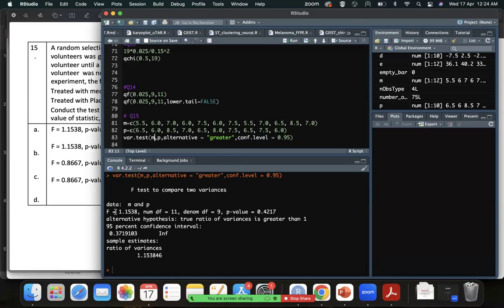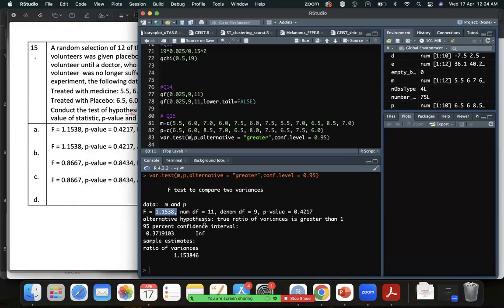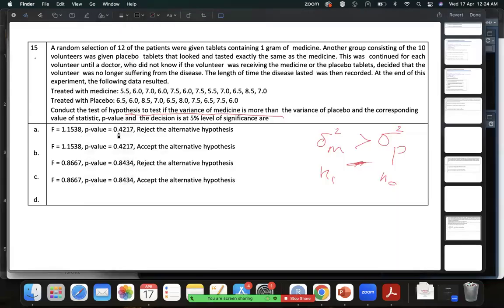So you do this and you get your F statistic value, 1.158. You get it here. And P value is 0.4217. And if a P value is greater than 0.05, you accept your null hypothesis, right?